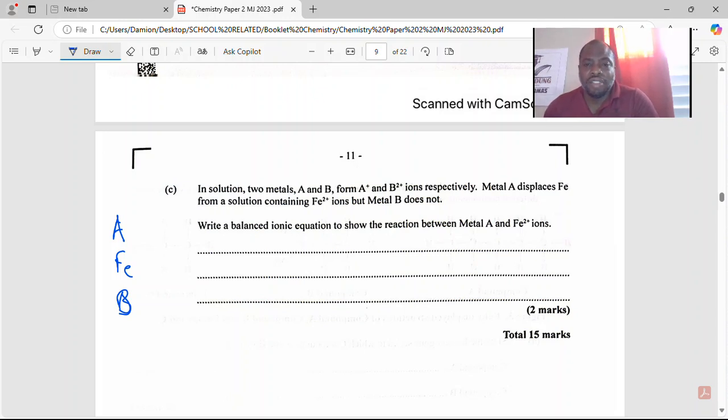So here's the thing. We are asked to write a balanced equation to show this. So we know A would have been a solid, not true? And it is reacting with iron 2 plus, meaning aqueous, meaning that this iron 2 would have been bonded to an anion.